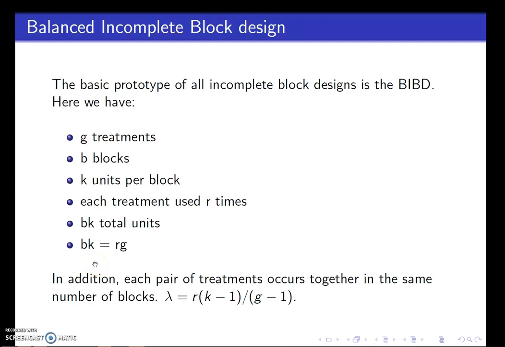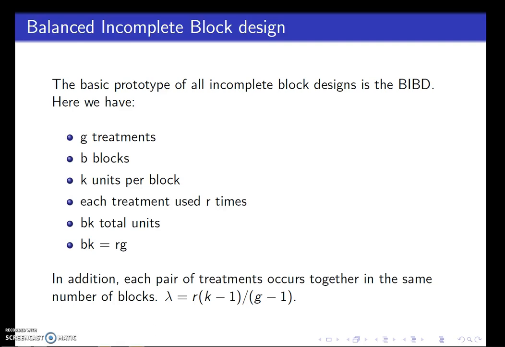So you actually have to fashion your design so that this equality holds, so that B times K, the total number of units, is equal to R times G, the number of replications times the number of treatment levels. So again, another place where I used to go look at the back of design books to figure this out. Now I just use R. It's easy to do it that way.